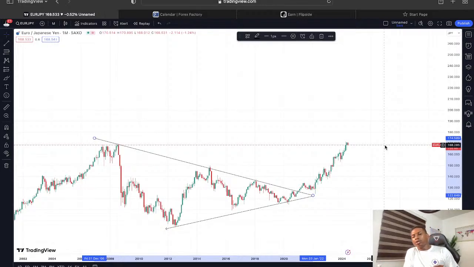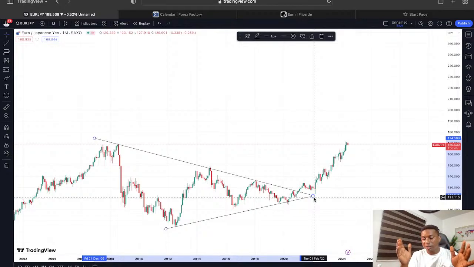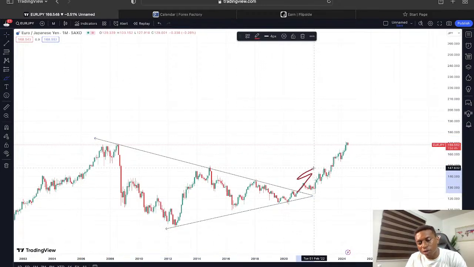When you see a descending triangle, one particular angle of the triangle is the one going down, while the other is consistent, from what we saw in our previous analysis, which is the ascending triangle. Now here is a symmetric triangle, right? It's not pointing in the up direction, it's not pointing in the downward direction. So it can break off either way, upward, and it can break off downwards.